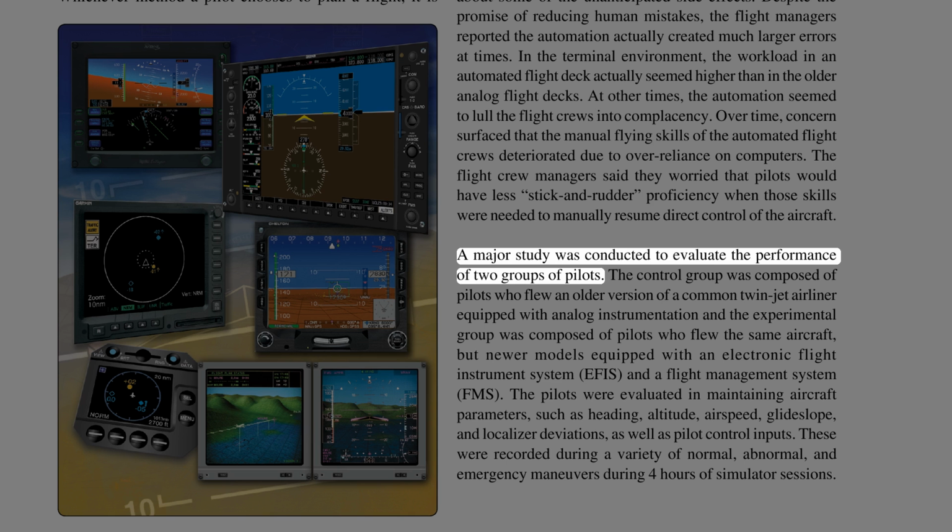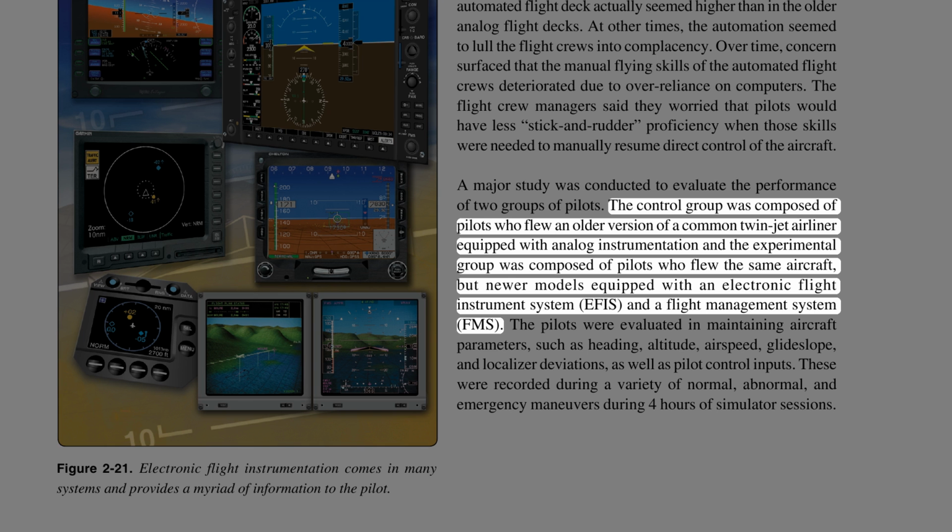A major study was conducted to evaluate the performance of two groups of pilots. The control group was composed of pilots who flew an older version of a common twin-jet airliner equipped with analog instrumentation, and the experimental group was composed of pilots who flew the same aircraft, but newer models equipped with an electronic flight instrument system (EFIS) and a flight management system (FMS).